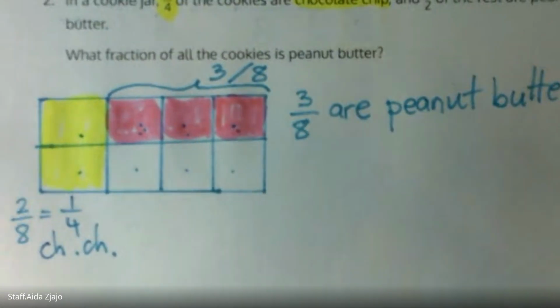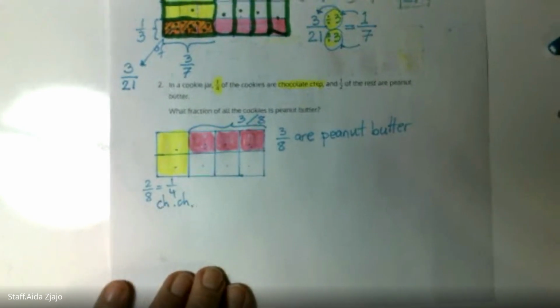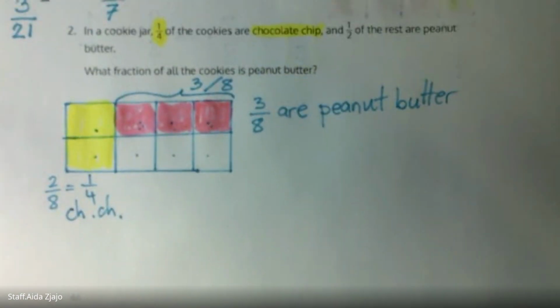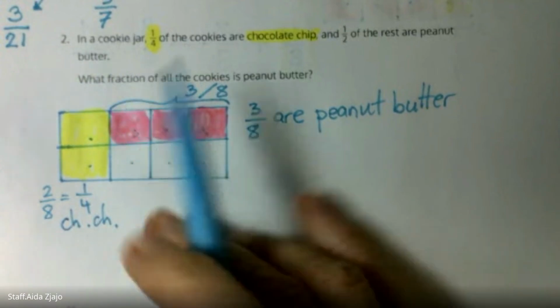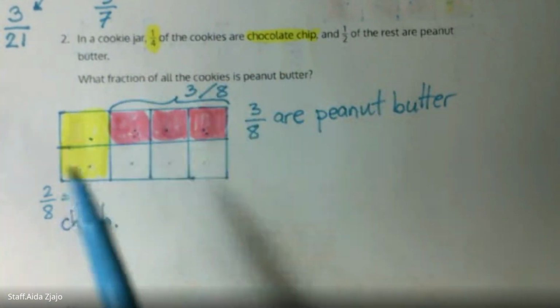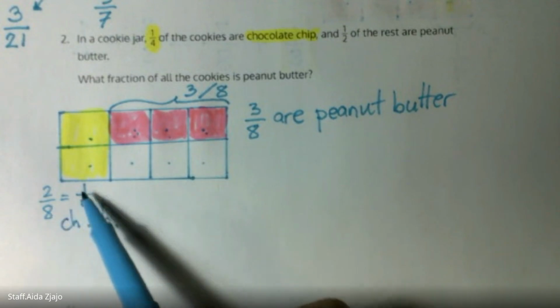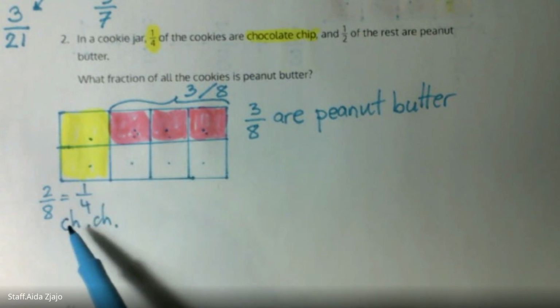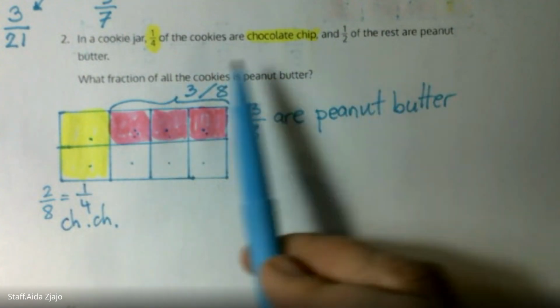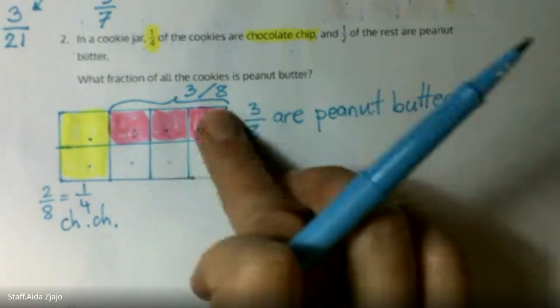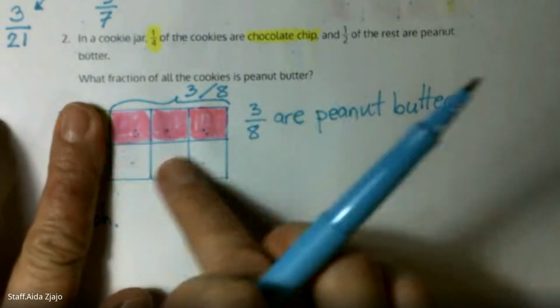Okay, so in a cookie jar, there is 1/4 of cookies that are chocolate chips, and that's the same as 2/8. And then they said half of the rest are peanut butter. Half of the rest, this is 1/4, this is the rest.